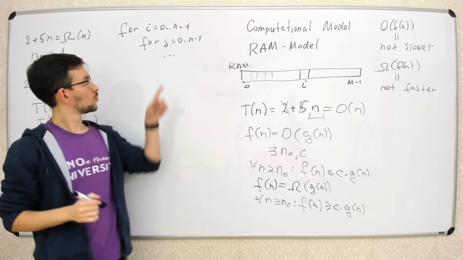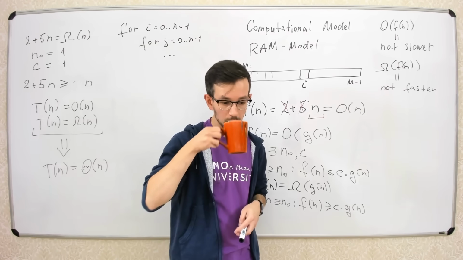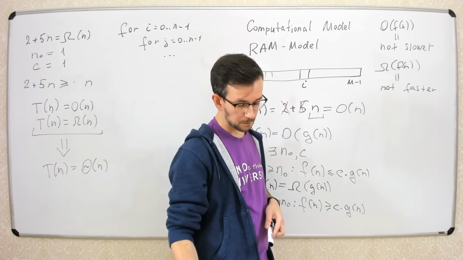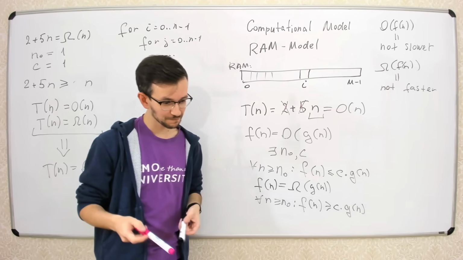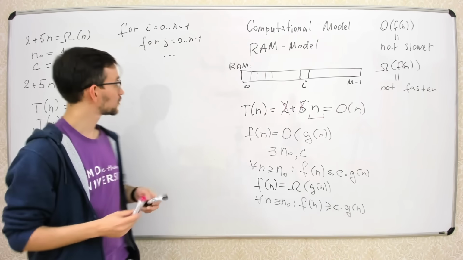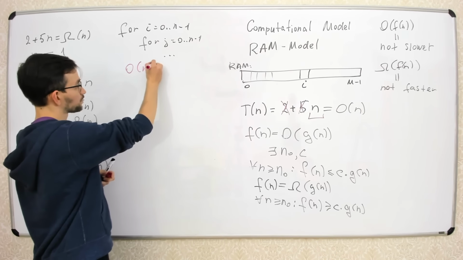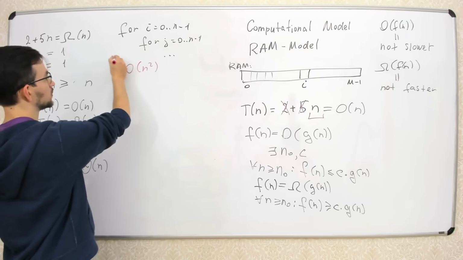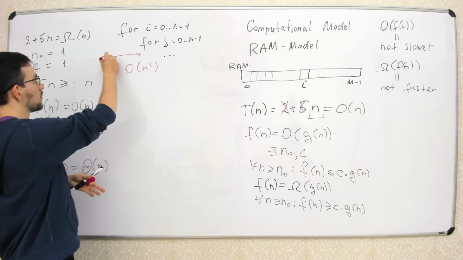And what is the time complexity? N squared, good. So the time complexity of this algorithm is n squared. That's quite trivial because this line is executed exactly n squared times.